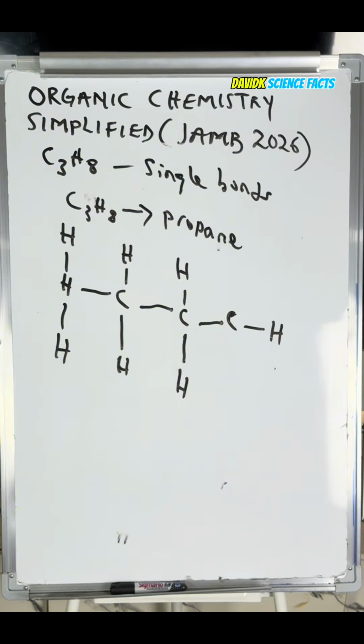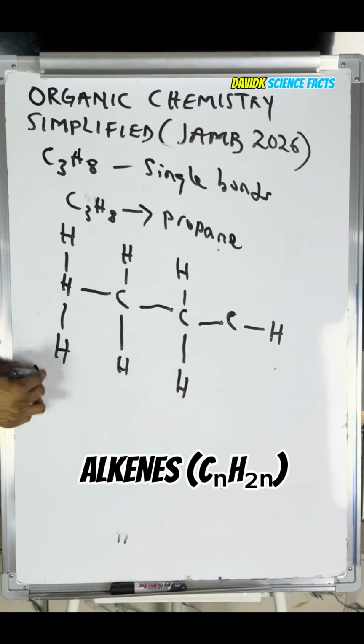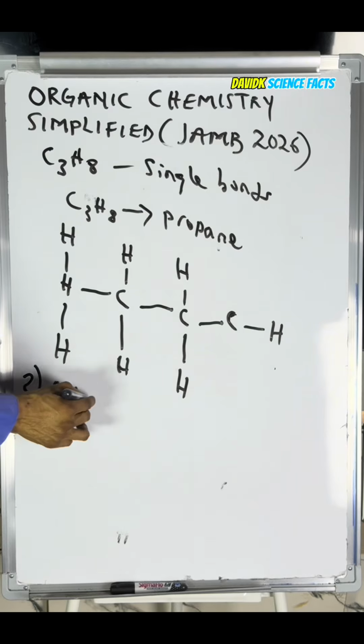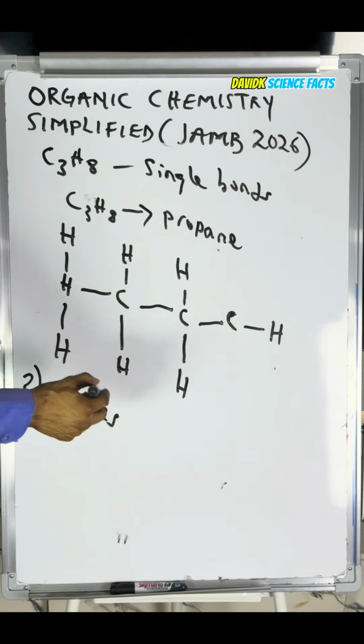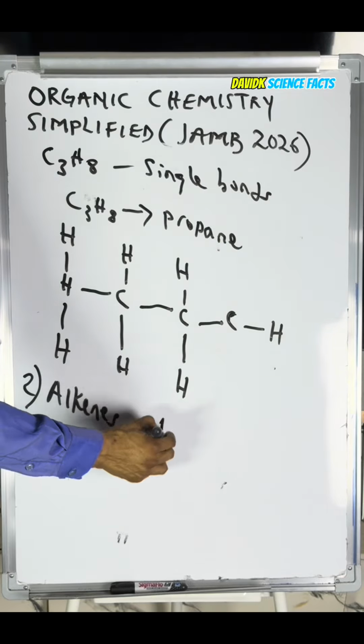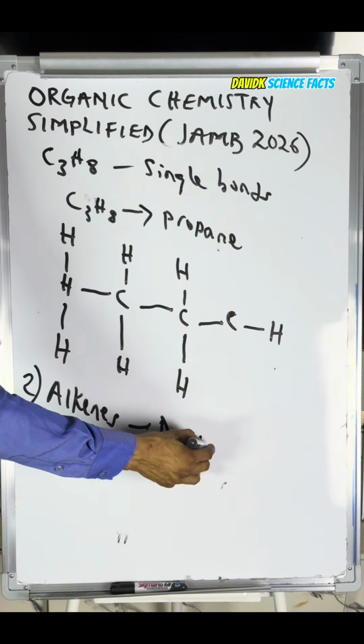Now let's talk about alkenes. Alkenes have at least one double bond.